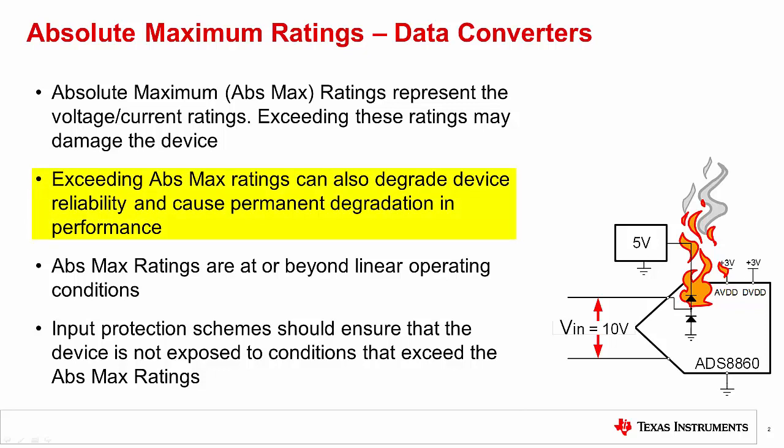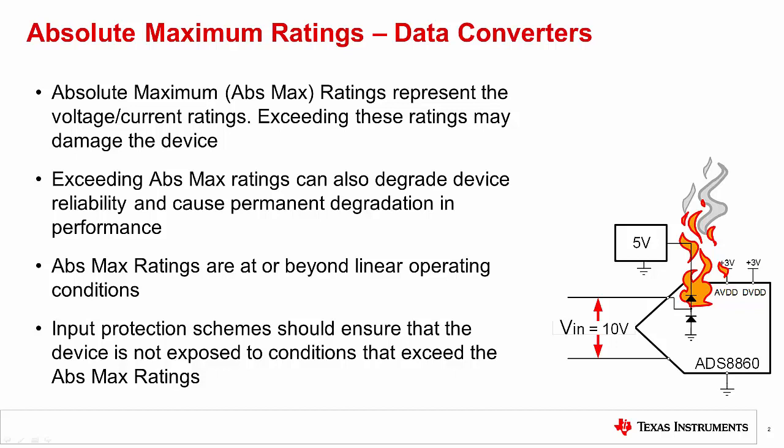In some cases, exceeding the absolute maximum rating momentarily may not cause catastrophic damage to the device, but will damage the device and result in degraded performance. Additionally, notice that the absolute maximum rating is going to be outside the linear operating range. For example, if the linear input range is 0 volts to 5 volts, the absolute maximum rating may be negative 0.3 volts to 5.3 volts.